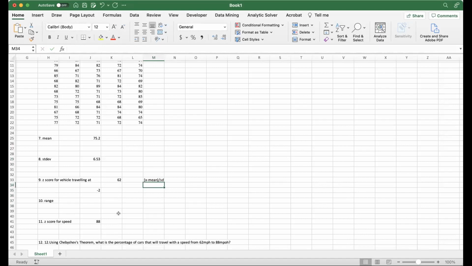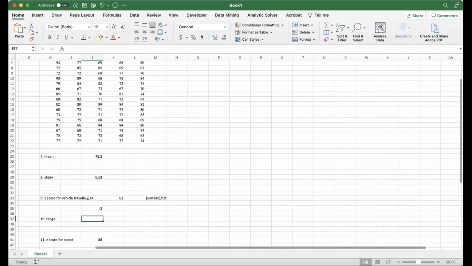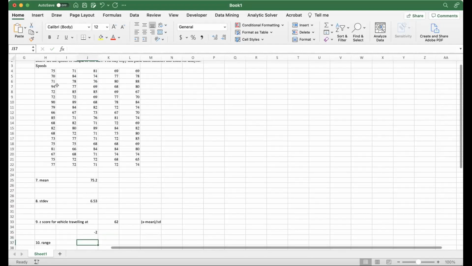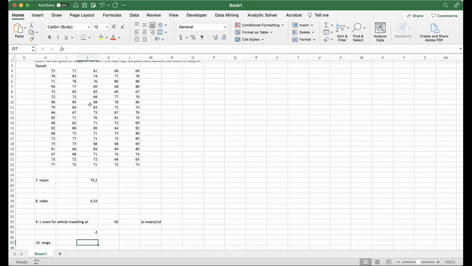Number 10 is asking for the range. So how do we calculate the range? The formula is max minus min, right? The largest number minus the smallest number. It would take a long time to try to sit here and figure out, oh, where's the largest number? Is it 82? No, we have 85. And then what's the smallest number? Is it 71? Is there a 69? That could take forever to do.